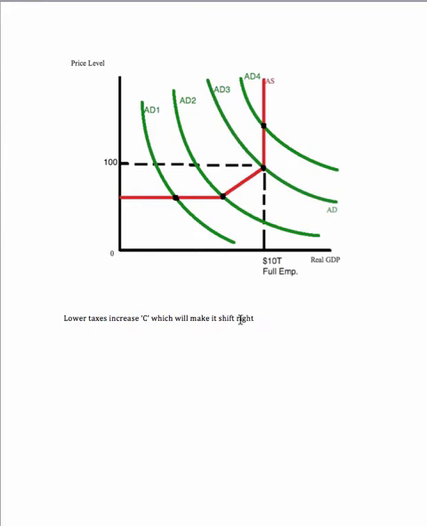What else will do it? Lower interest rates. We'll have businesses borrow more money to invest, so that will increase the I component, business investment spending, which will make it shift right.